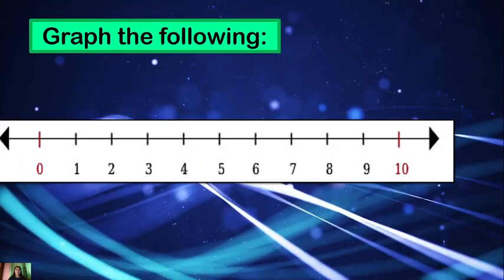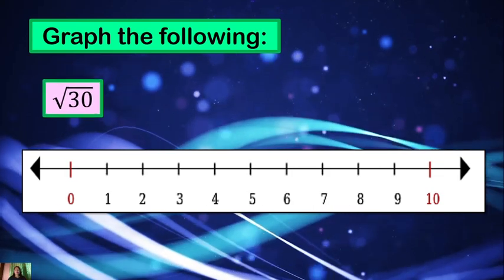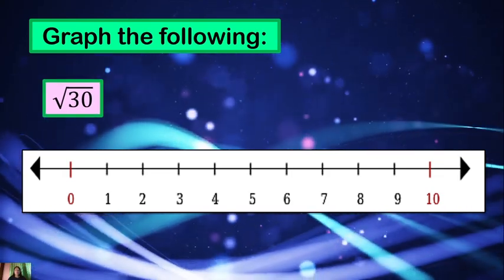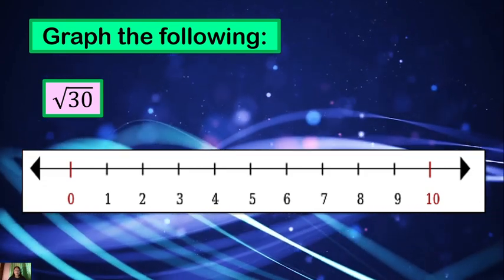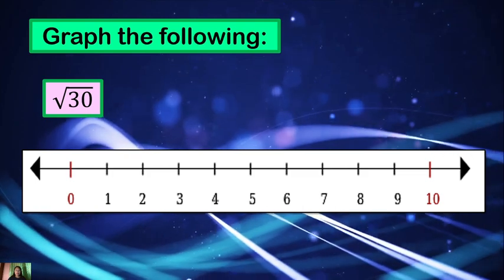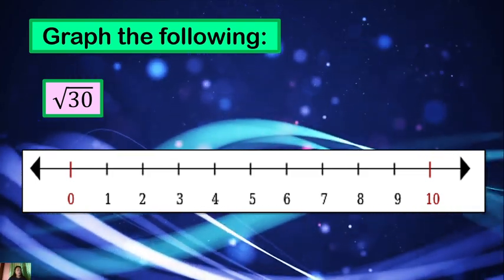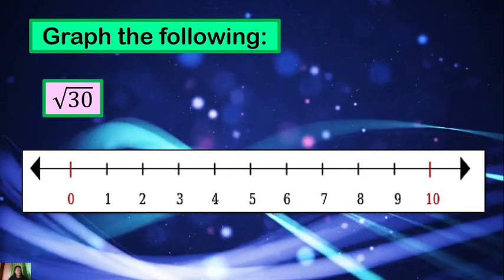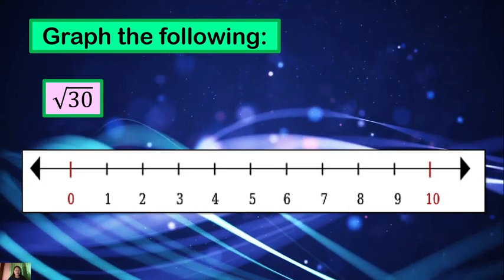Graph the following using the number line. Square root of 30. What is square root of 30? That is in between 5 and 6, right? That is 5 point, how many? Square root of 30 is 5.4.